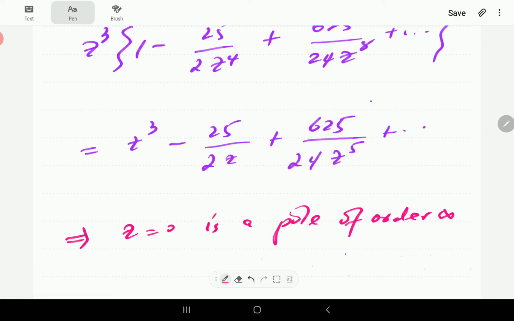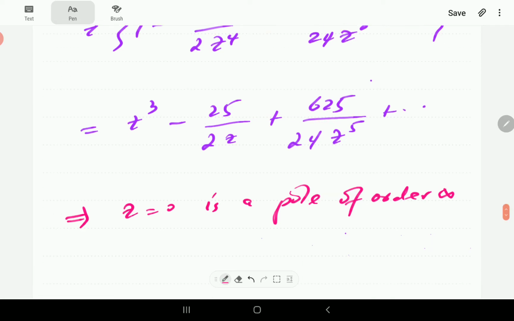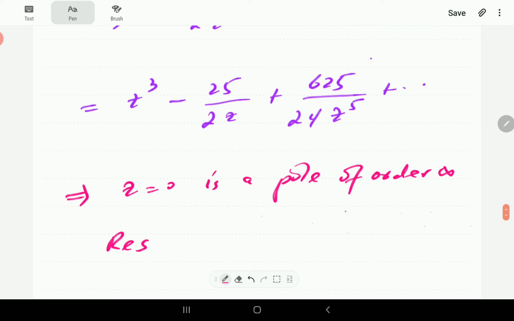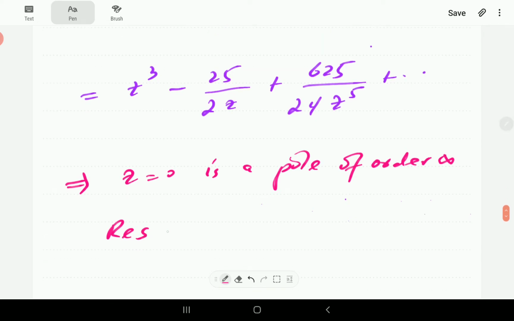So we don't have a formula for that, and in fact in our video where we discussed the formulas of how to find residues, we did mention that for a pole of order infinity, the best way to extract the residue is via the Laurent expansion, which we already have here. So from the Laurent expansion, the residue is simply the coefficient of the term with power -1.